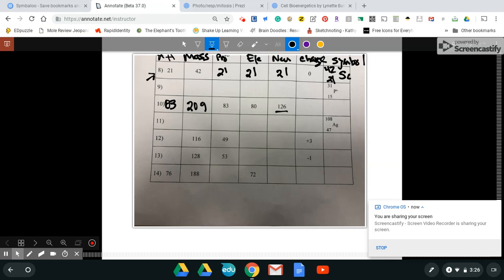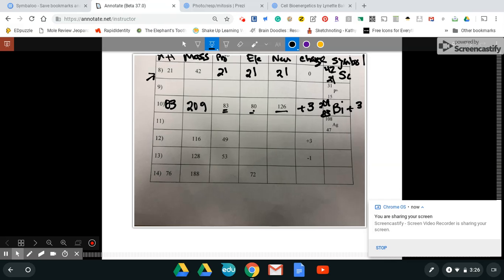Now, if you'll notice, my number of protons is 83, my number of electrons is 80, so I have a charge of plus 3 because I have 3 more protons than I do electrons. So then when I write this, I find 83, which is Bi, and I write 209, and I write 83, and then I put a plus charge of 3. Okay? All right, let's do another one.